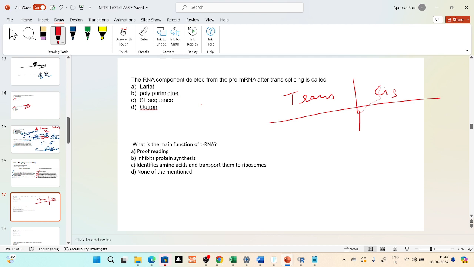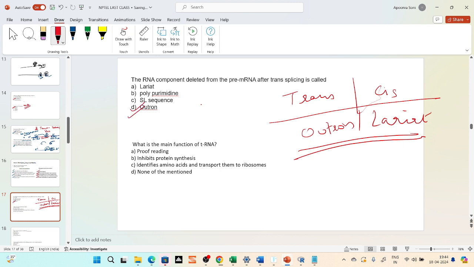And in cis, the portion that is deleted is known as a lariat, and in trans it is known as an outron. Again, we have given a very good amount of time to it. Just remember, same mRNA, cis; two different mRNAs involved, it is known as trans. So the answer is outron.